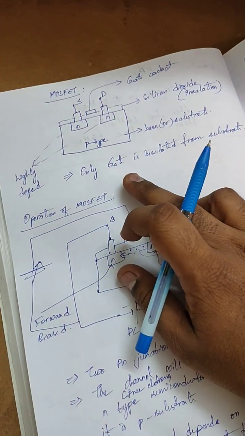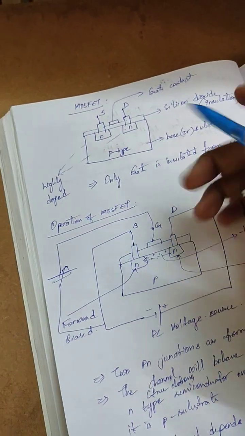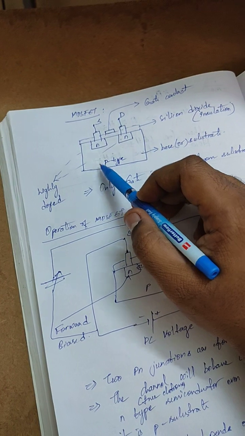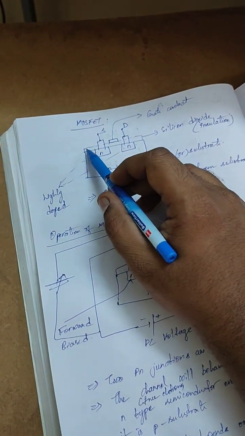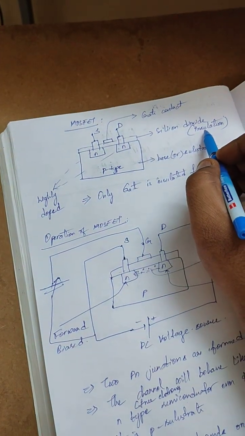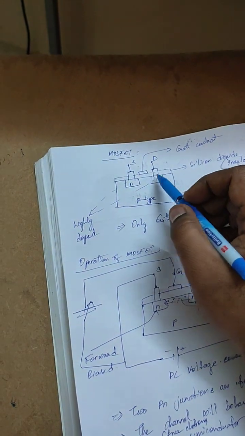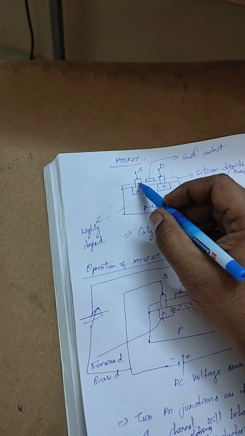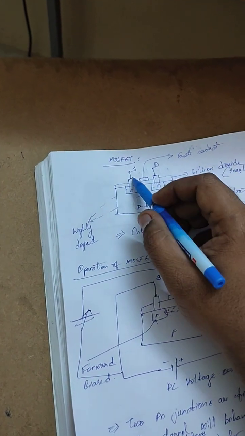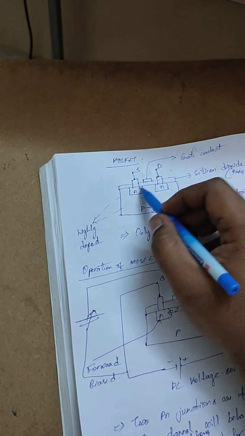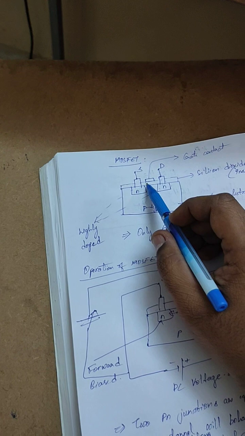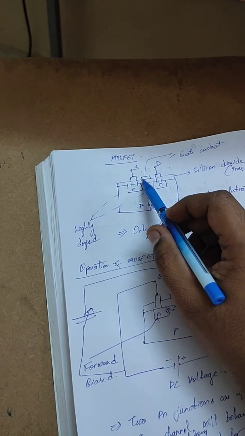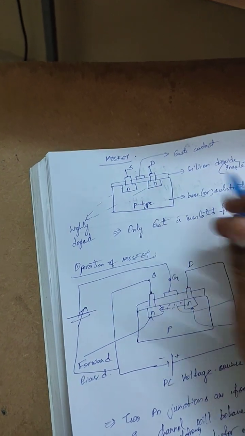For a MOSFET we need to consider a substrate, that is p-type. In it we carve out some space for n-type. On the n-type we use some silicon dioxide for insulation, and from the n-type we draw two connections, one is the drain and one is the source. These drain and source are not insulated. The only thing insulated is the silicon dioxide, on which we form a small gate contact.